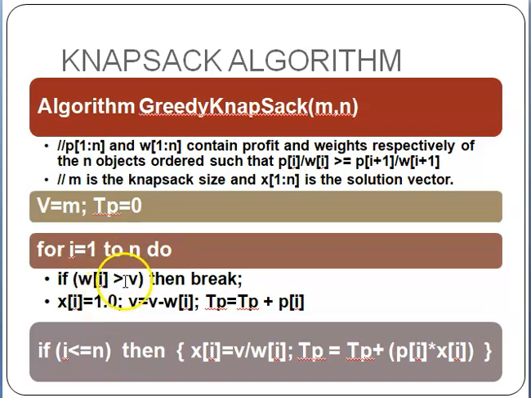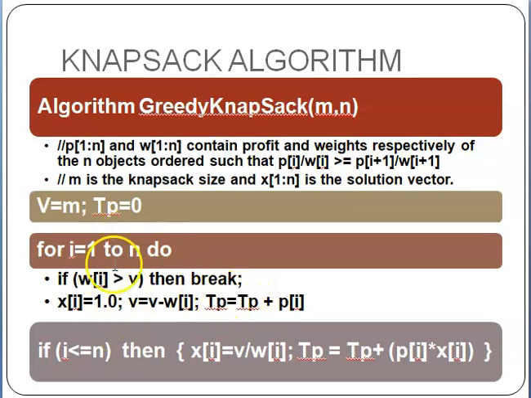Why? Because the weight is less than the remaining capacity, so we can consume the full item. And then we will subtract the weight from our remaining capacity to get the new capacity, and we will add the profit of the item into the total profit. If we are consuming in full, then the full weight will get subtracted and the full profit will get added into the total profit.